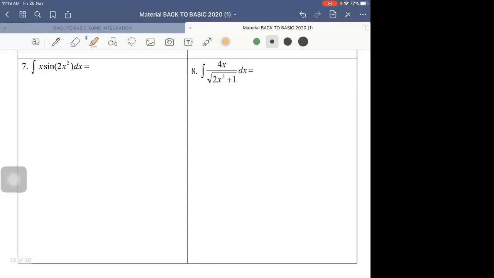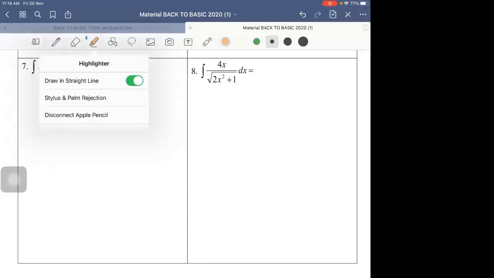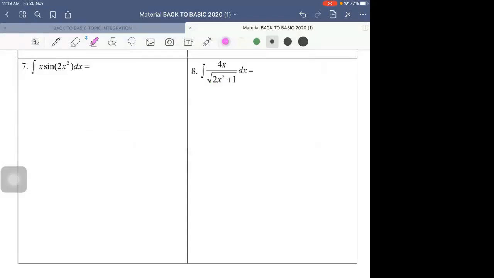Let's look at question 7. Student, can you tell me, if you want to solve this by using substitution, what should you let as u? How to start this? Can you try to figure out? What should we let as u for this problem?